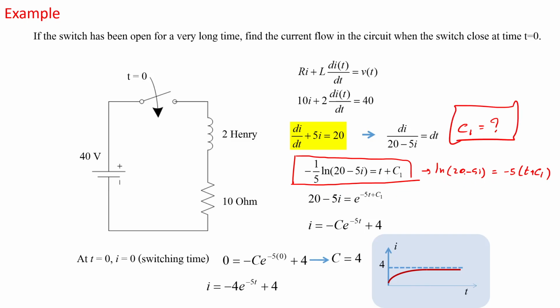Then 20 minus 5I will be e to the power of minus 5 times t plus c1, like this. Therefore, 5I will be minus e to the power of minus 5 t plus c1, plus 20.